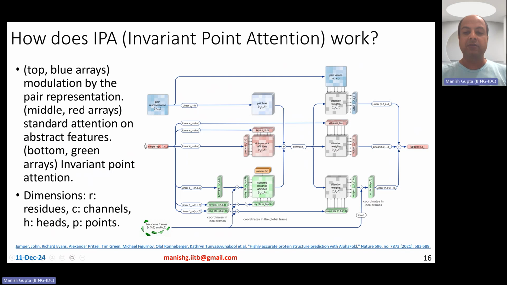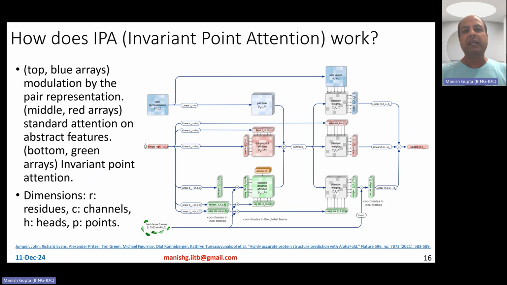Of course, once you have those queries and keys, along with the local coordinate interactions from the backbone frames, you essentially already have a squared matrix, which you can again add to this dot product. Okay. Similarly, you can take the values from here and again create a squared attention matrix and have it also impact the overall final computation for your updated single representation.